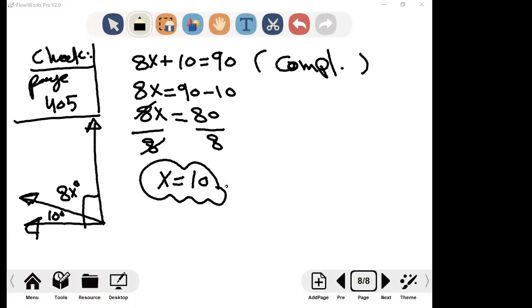So you will say angle A plus angle B equals 90, angle A is given, find B. Any question in math, you have given information and the wanted. You understand? Given, you will use them to get the wanted.